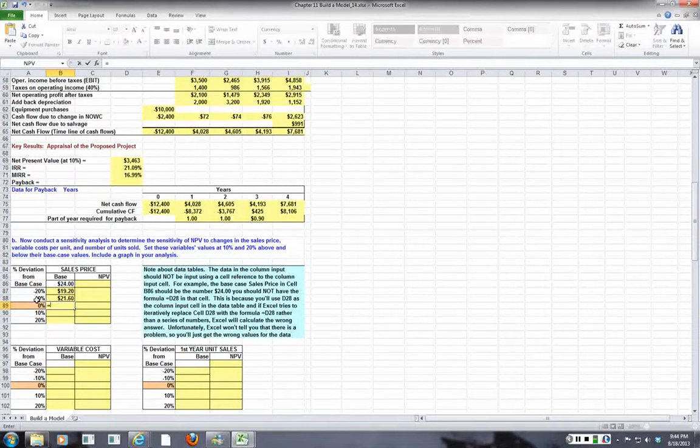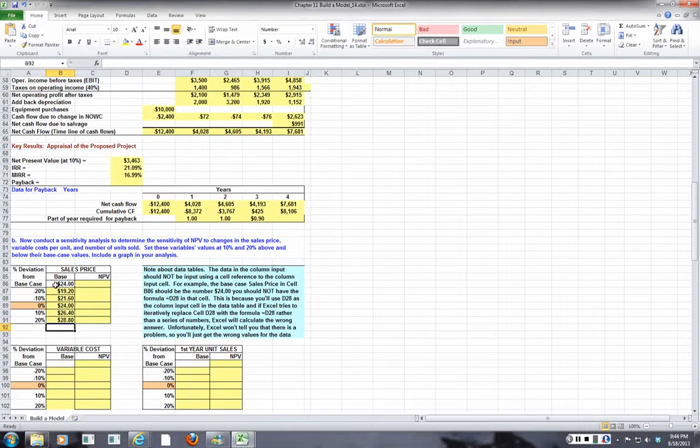And of course if it's the same, zero variation. But what happens if the price goes up by 10%? And what would the net present value be if the price went up 20%? And so in order to figure that out, we're going to put the net present value for $24 right here. And what we'd like to know is what it would be at those different prices.